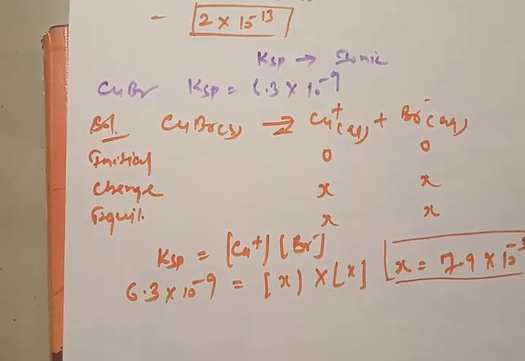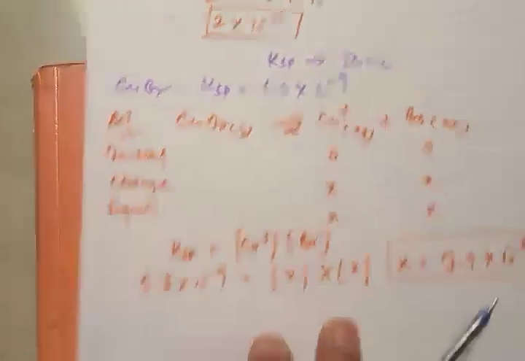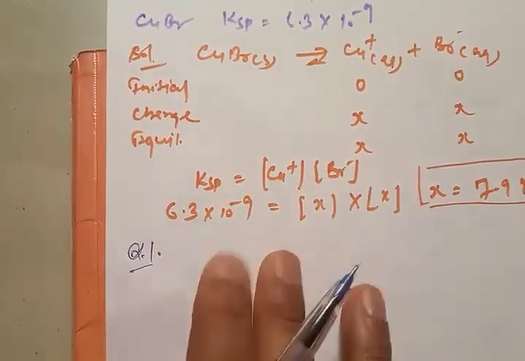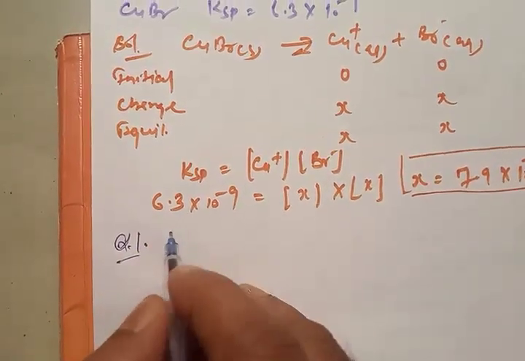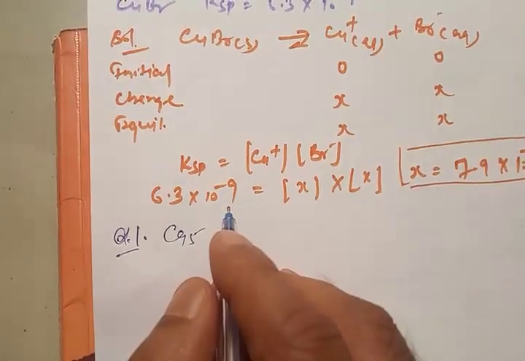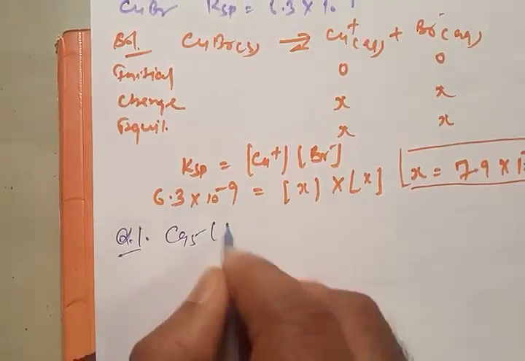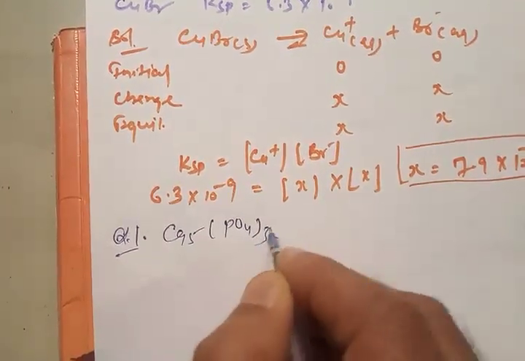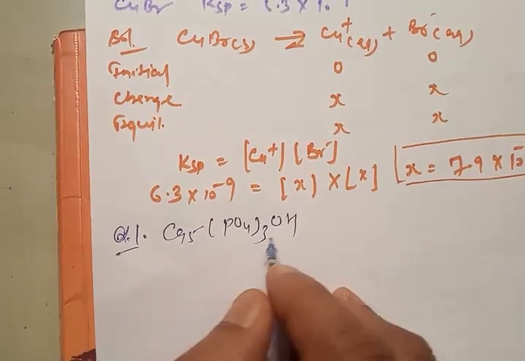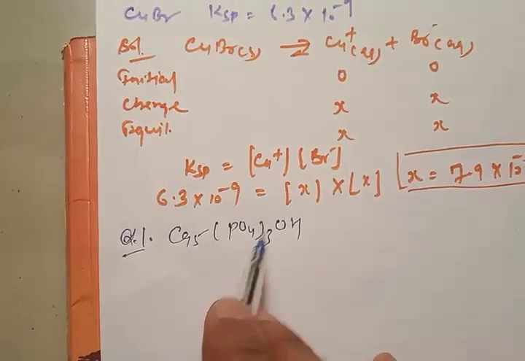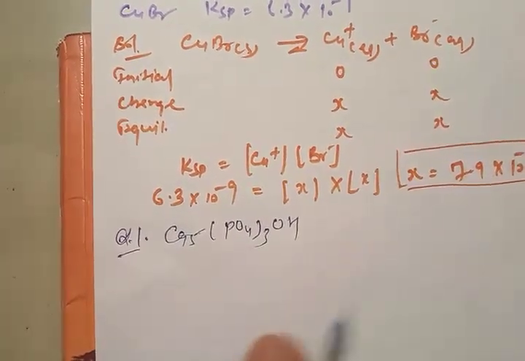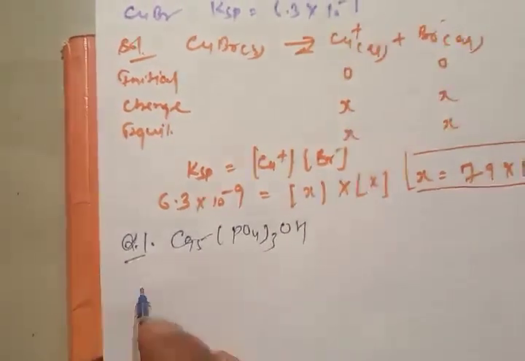The first question, question number 1: if you have Ca5(PO4)3OH, this is the formula of apatite, just write in terms of Ksp how this will be written. This is very simple, I think you can do this very easily.